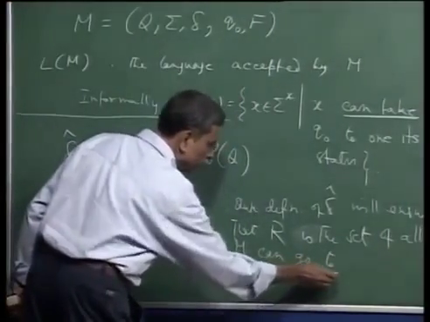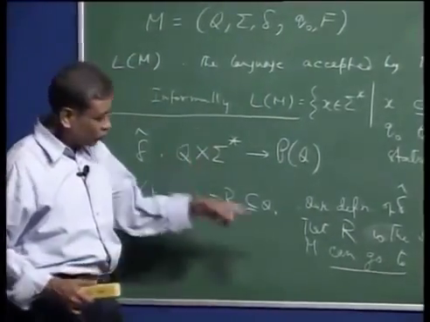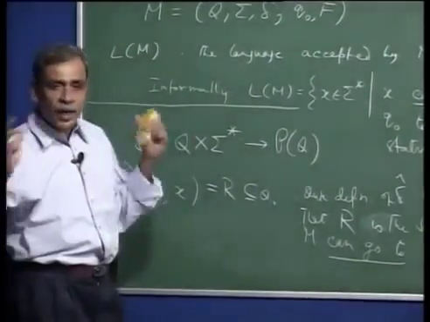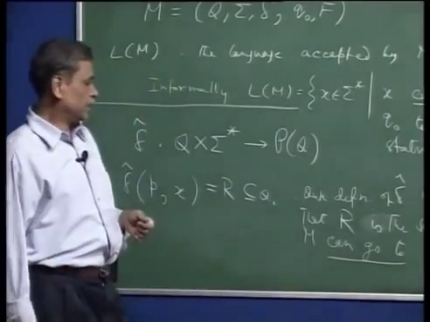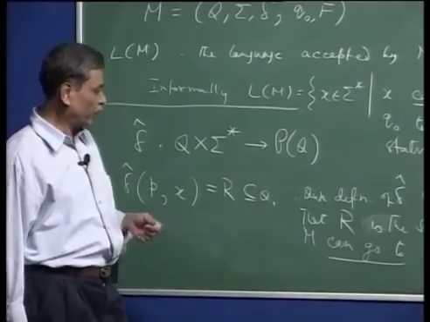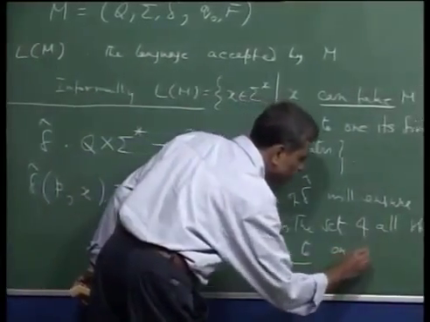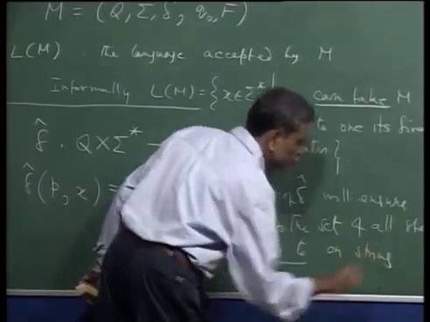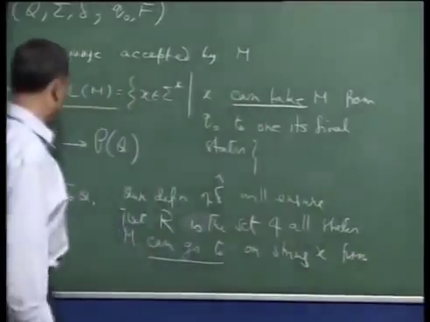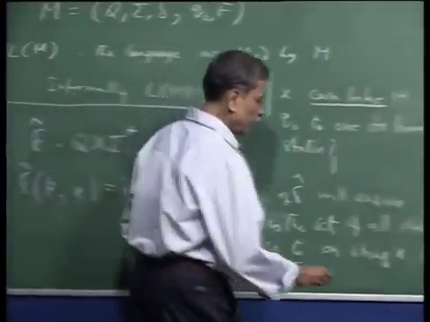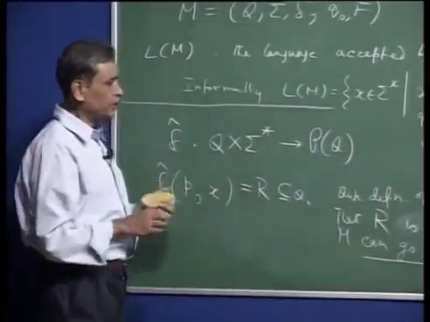I will again emphasize the fact it is a matter of possibility, it can go here, it can go there, and which are all the states it can go to, that is the subset of Q, R, on string X starting from state P. This is what we would like to ensure.